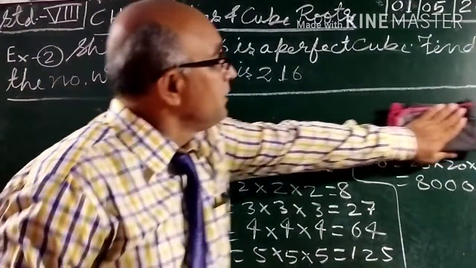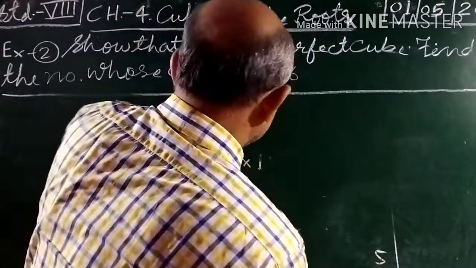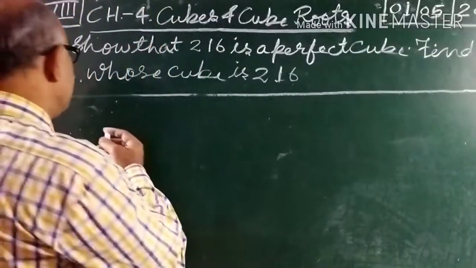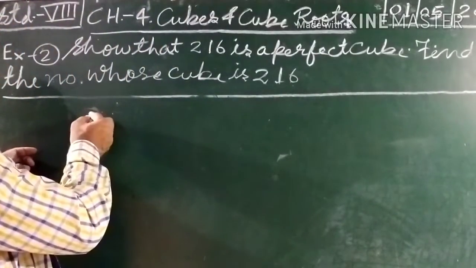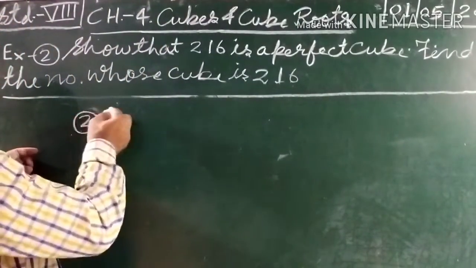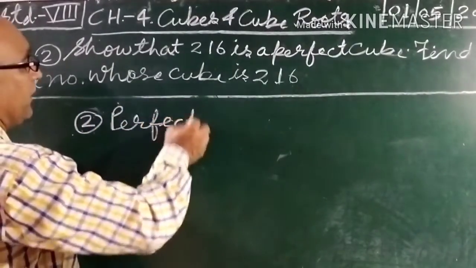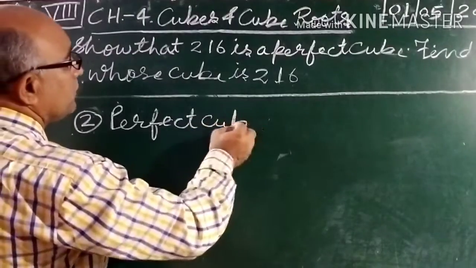Now, a number is a perfect cube, similarly perfect square. Point number 2, perfect cube.